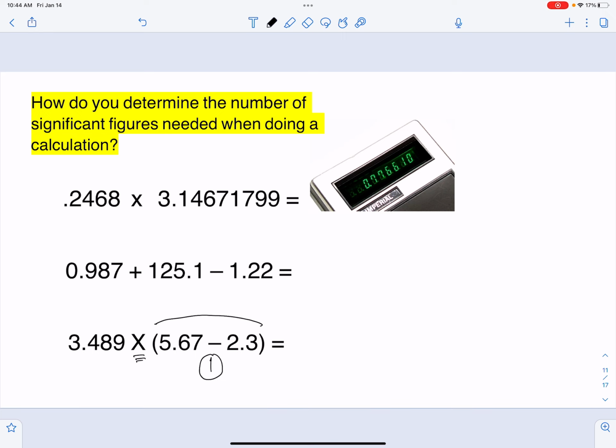So 5.67 minus 2.3, that's a subtraction, 2 decimal places, 1 decimal place. So we know this number is going to be only 1 decimal place.